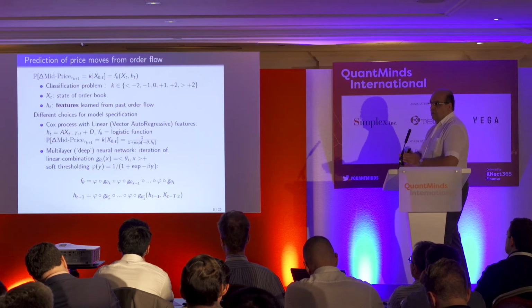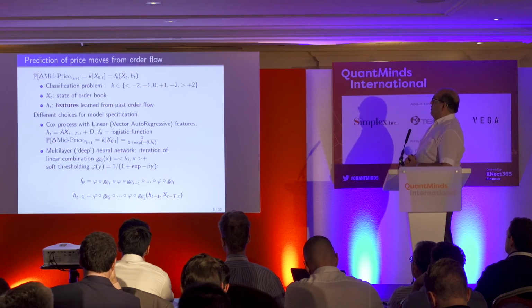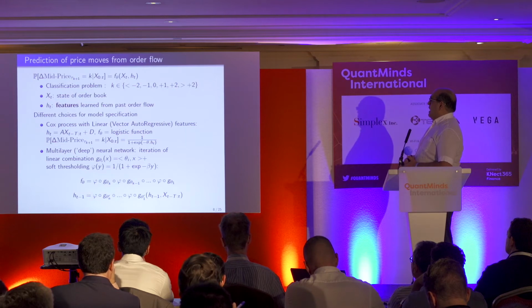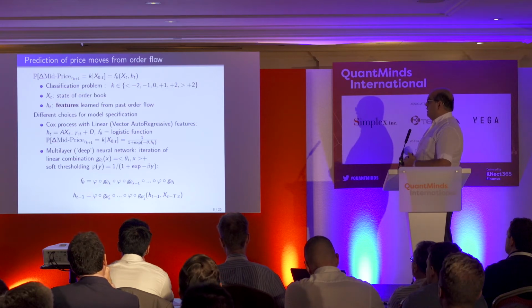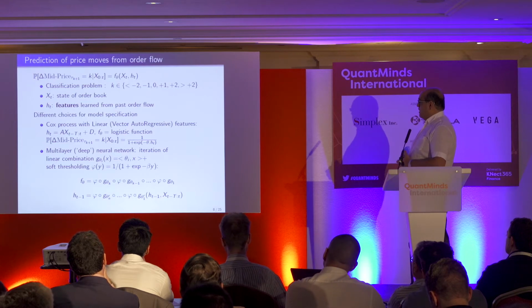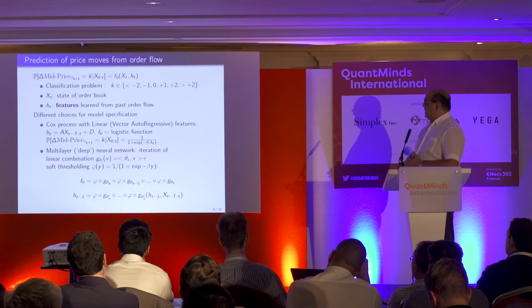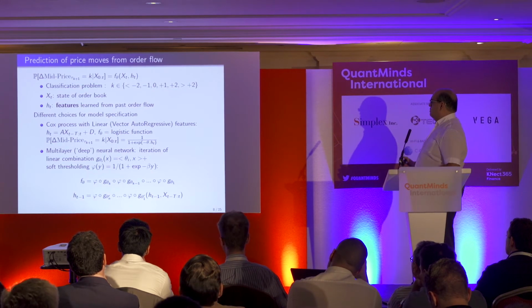You have the history of the order book up to time tau k, and then you want to say if at the next price move it's going to go up or down, and if it goes up, is it going to go up by one tick, two ticks, or more than two ticks, and so on.